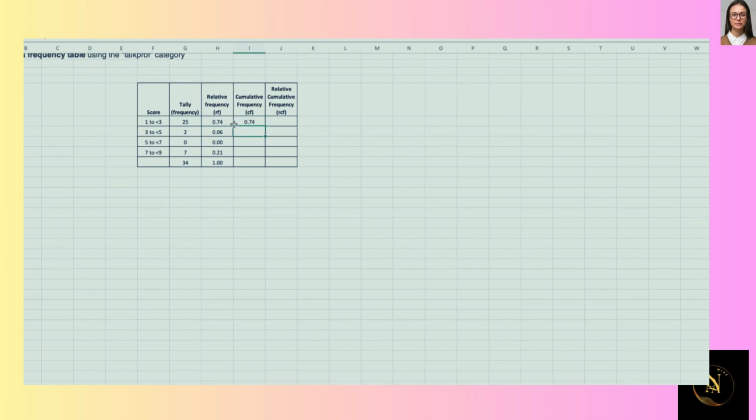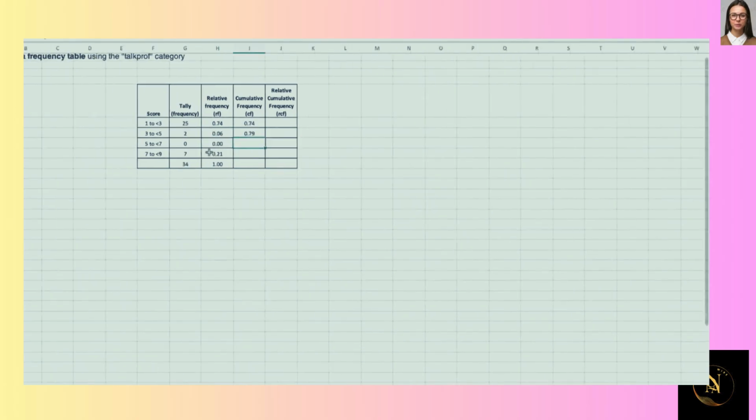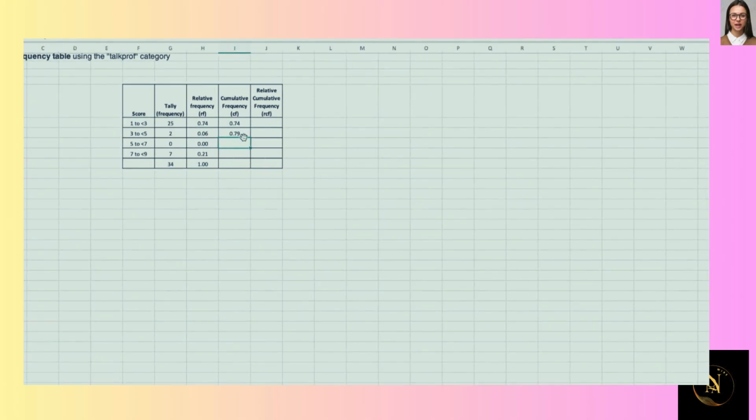Then I'm going to add 0.06, plus 0.0. Then I'm going to take 0.79, and I add it to 0.21.